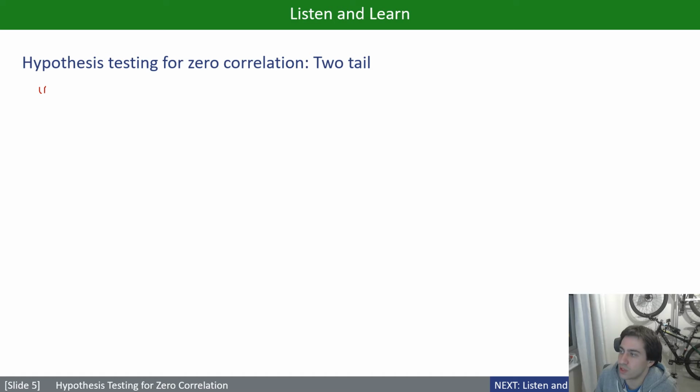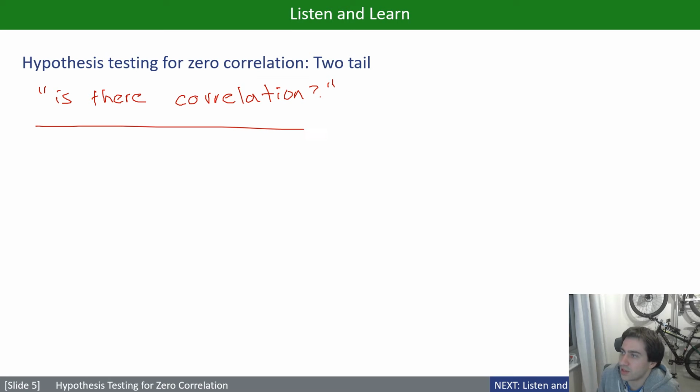Okay, so the two-tail test was answering the question, is there correlation, just is there correlation. Positive or negative doesn't come into it. And in this case, our null, our default, is that rho is 0, and our alternative will be that rho, and this is always this, is not 0.